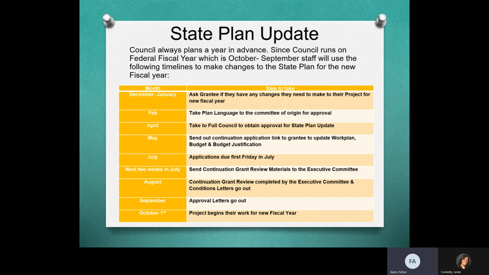Then in February, whatever you have told your staff person, they're going to take it to their committee of origin, where your project comes from, and explain it to them and get their approval. We have a little wiggle room, because that committee might want to set up a quick meeting in March and have you come to explain yourself in more detail.